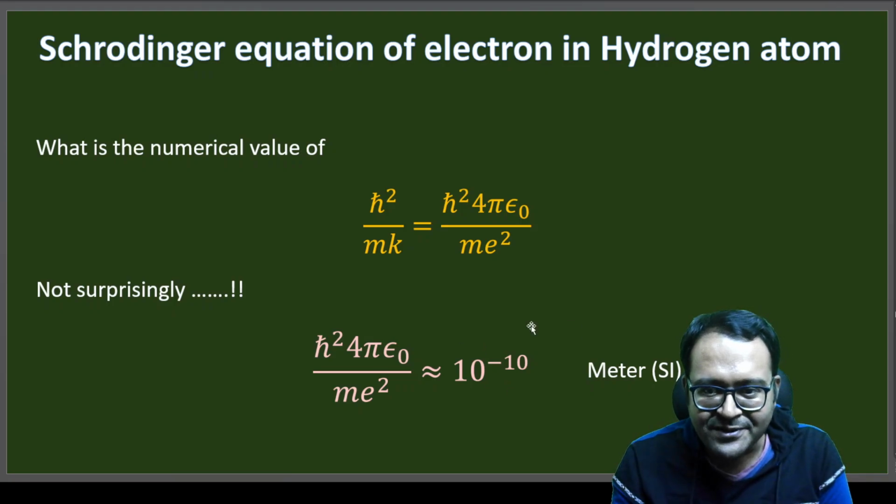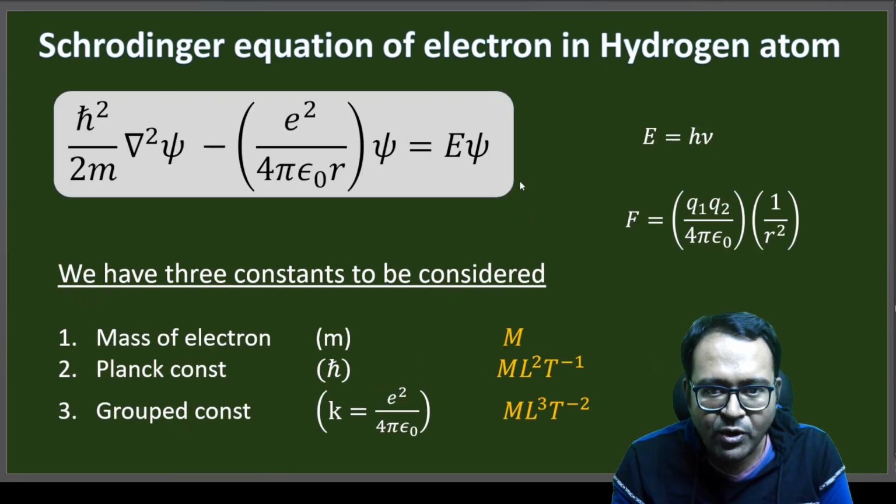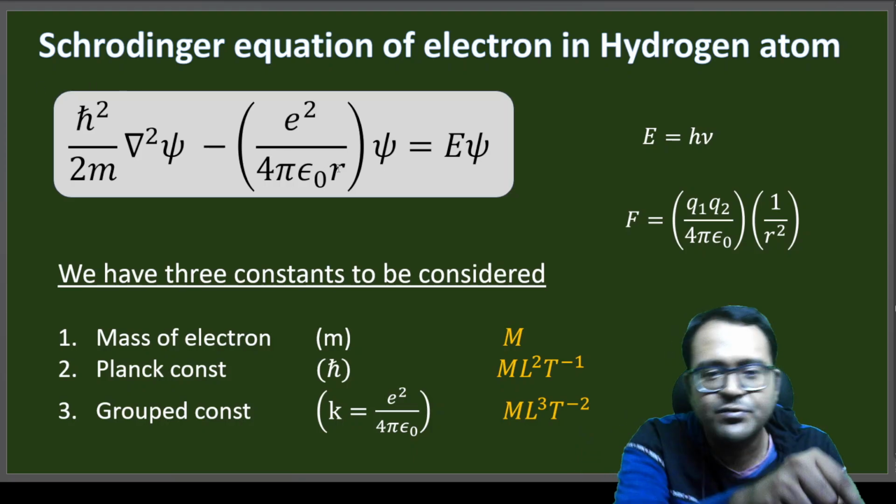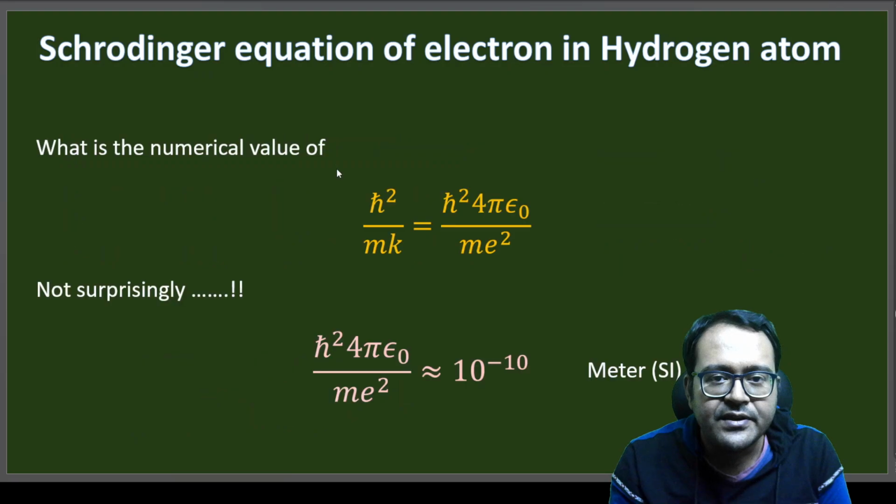So it is not a surprise that these constants, after combination, give you this value. Without even solving the Schrödinger equation, just by looking at the equation, knowing that your electron radius should depend only on these constants because we don't have anything else in the equation, you can have an estimation of the value. Superb, right? That's the thing I wanted to tell you.